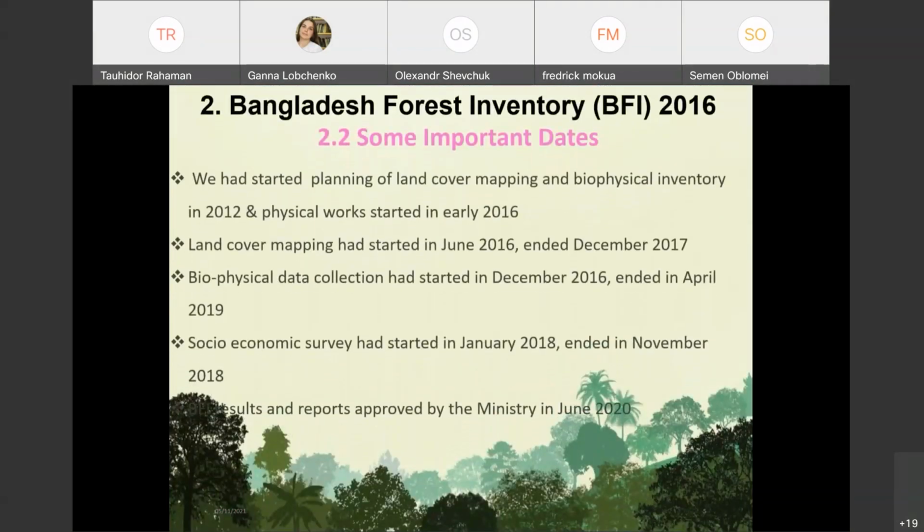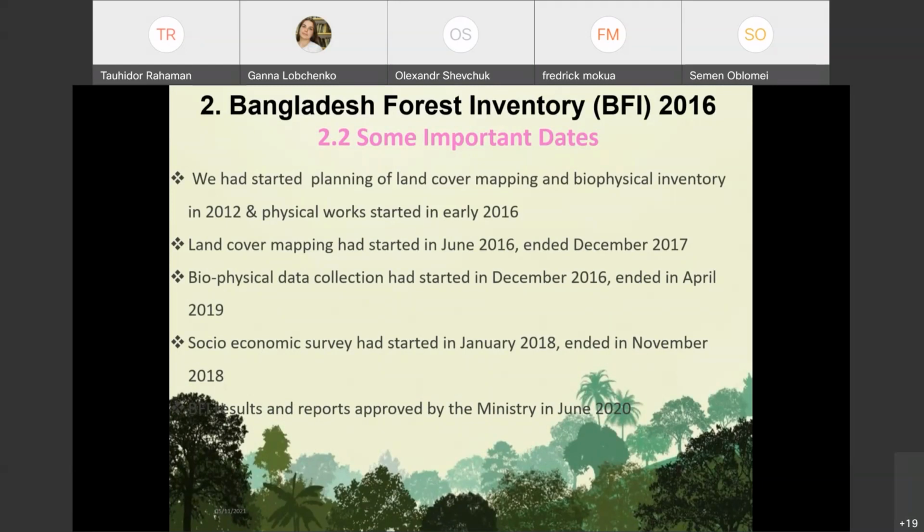Some important dates: we started planning of land cover mapping and biophysical inventory in 2012, and physical work started in early 2016. The land cover map started in June 2016 and ended in December 2017. Biophysical data collection started in December 2016 and ended in April 2019.